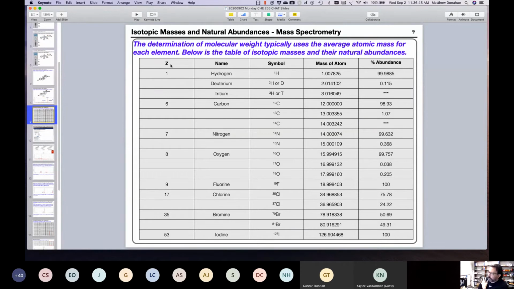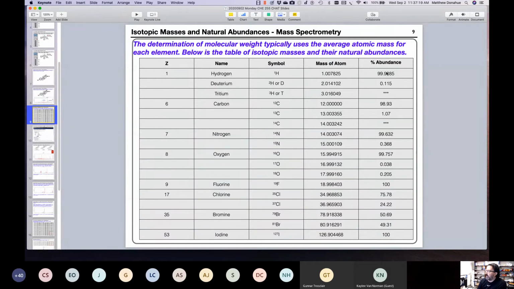But basically, here's the atomic number. In this first column, there's the name. So atomic number 1 is hydrogen. There's the symbol. And this is the mass of a hydrogen atom. So for the most part, what we've been doing is just calling it 1. But notice for a mass spectrometer, we're now going out 1, 2, 3, 4, 5, 6 places past the decimal.